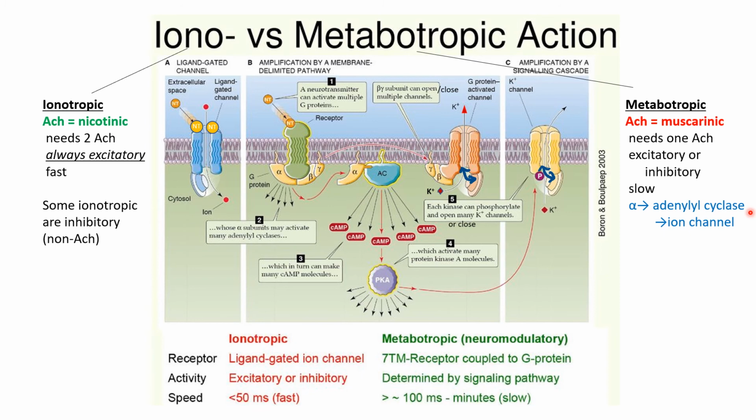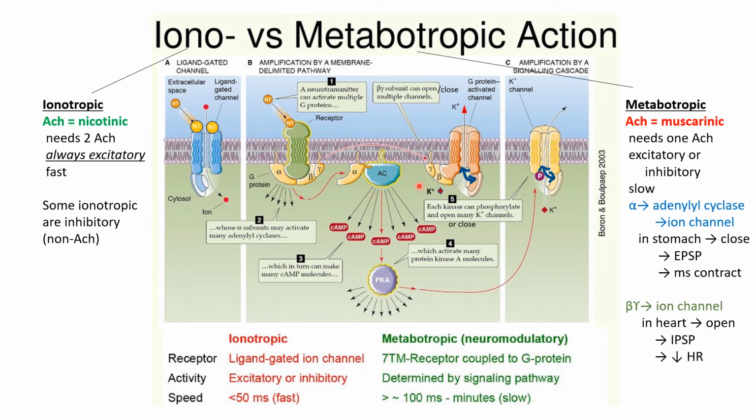Now, to give you a couple of examples, with adenylate cyclase, so this ion channel, if we were to consider the stomach, this may close. And if you close this channel, then the potassium isn't going to leak out. Therefore, it's going to become more positive because the potassium is staying in the cell. And if it's becoming more positive, it's going to cause those cells possibly to contract.